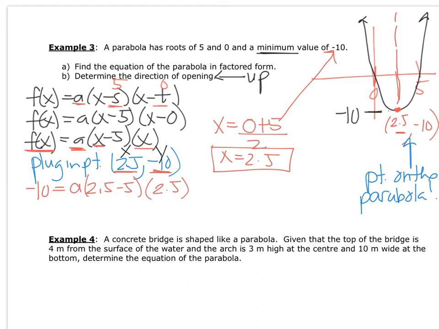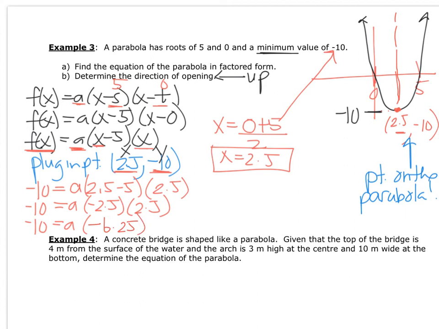Okay, keep going. So I've got negative 10 on this side equals a. 2.5 minus 5 is negative 2.5 times 2.5. We've got negative 10 equals a, bracket, negative 6.25.